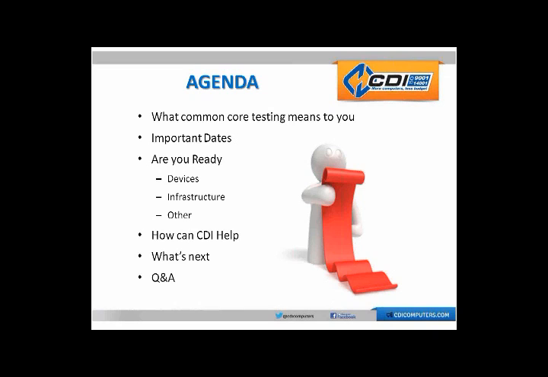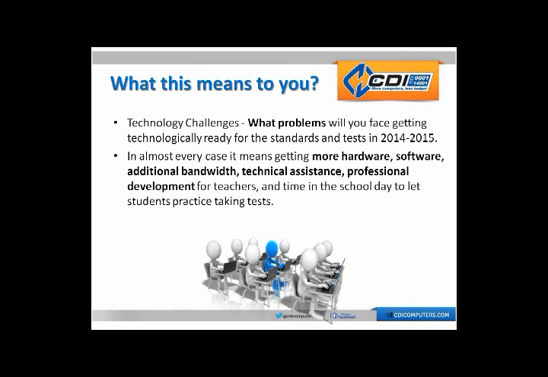Then we'll spend a few minutes talking about CDI and how we have helped others and how we can help you accelerate your readiness for state testing. And then we'll conclude by talking about what's next. How do you engage with us if something you saw today interests you, or if you have further questions that you think we might be able to help you with. So that's our agenda for today.